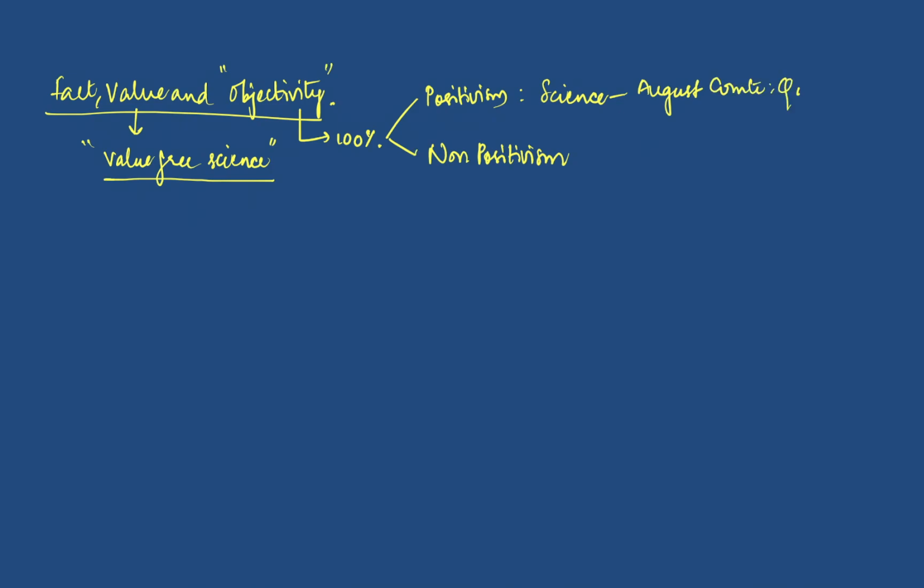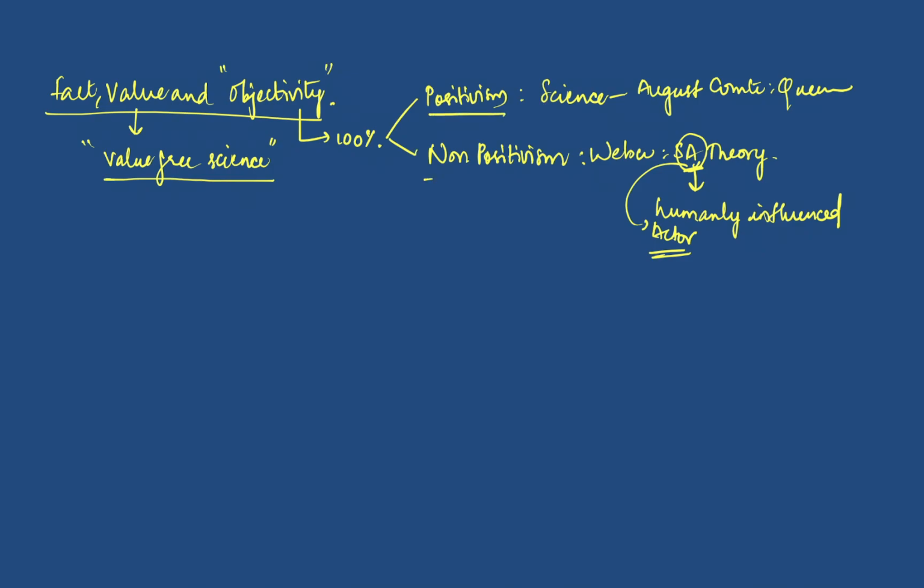We've also seen non-positivism, the start of which was by Weber, in which he brings in the social action theory. He says that actions are humanly influenced, and the intended meaning will be what the actor intends that action to be. So that is how we have seen positivism and non-positivism.